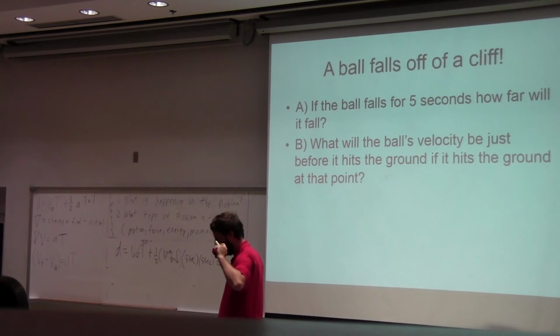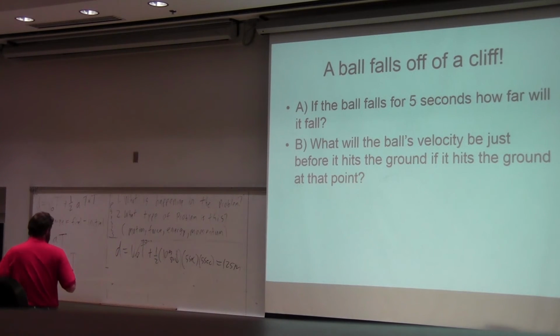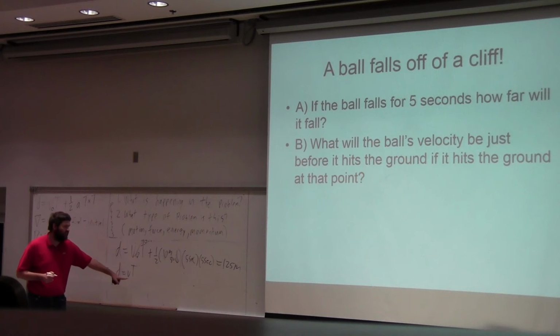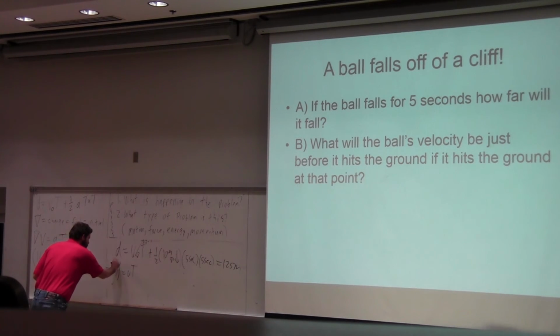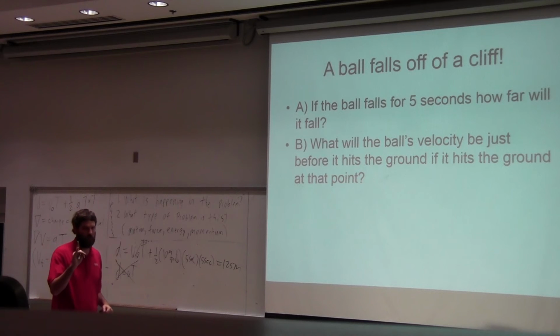I don't think you paused it. All right, so now some of you probably wrote d equals vt and solved for v and got 25 meters per second. That is not the correct way to do it because there's an acceleration.